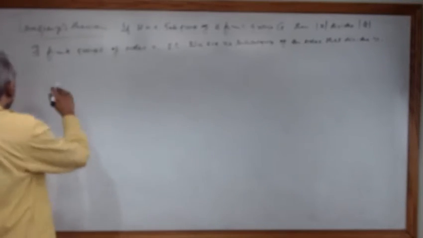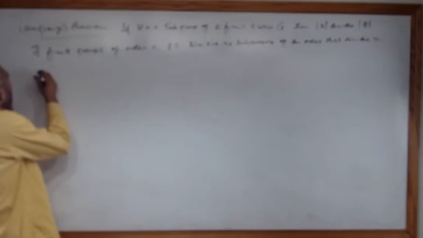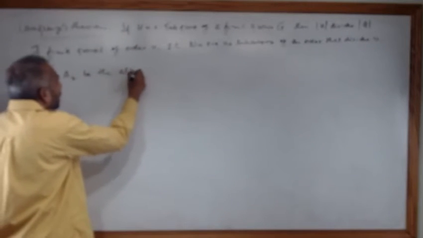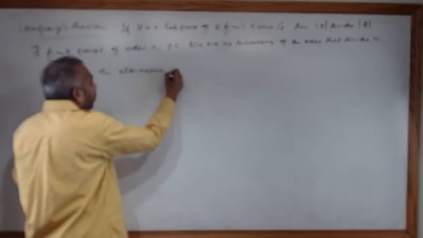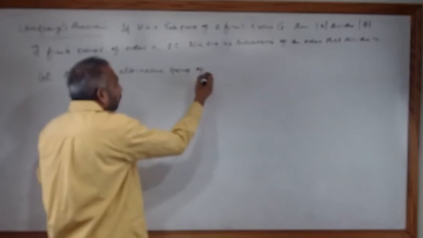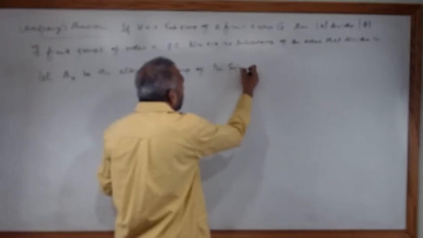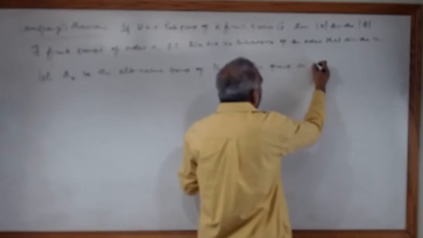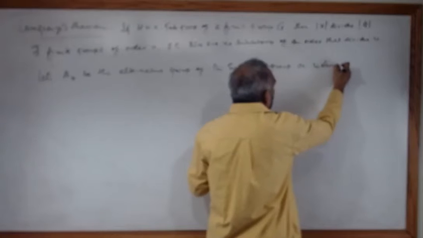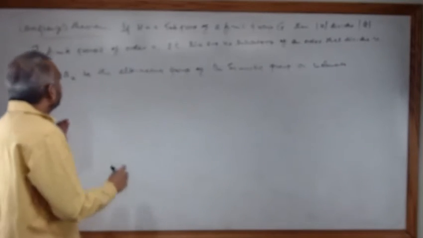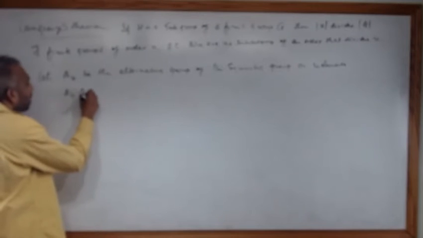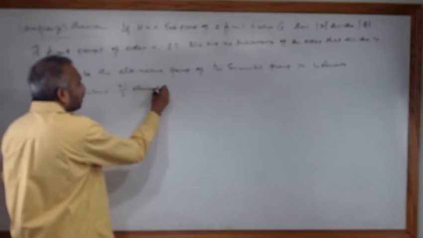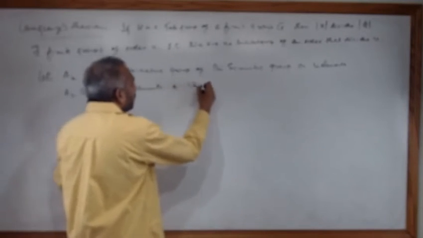So what we are going to start with is let A4 be the alternating group of the symmetric group on 4 elements. Then A4 contains 4 factorial by 2 elements, that is 12 elements.